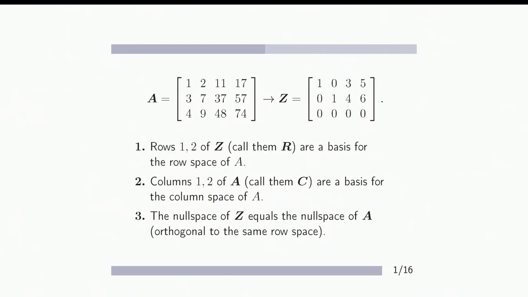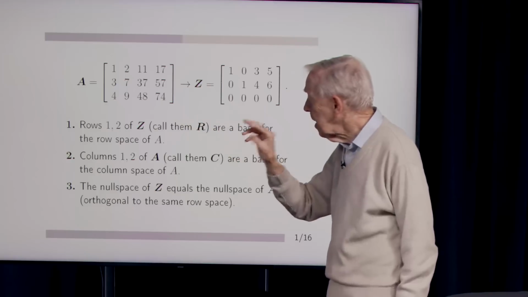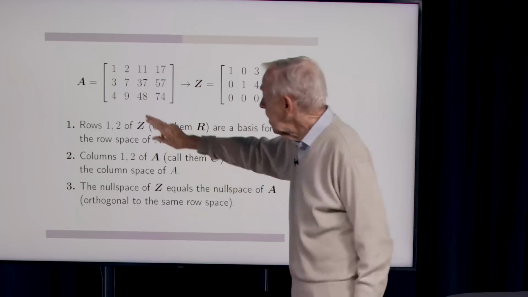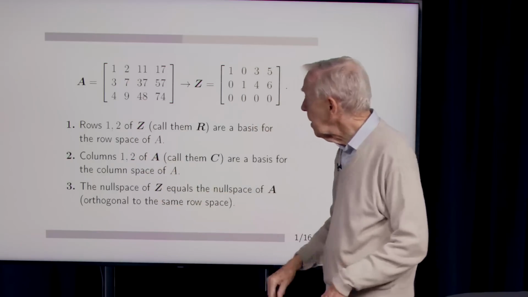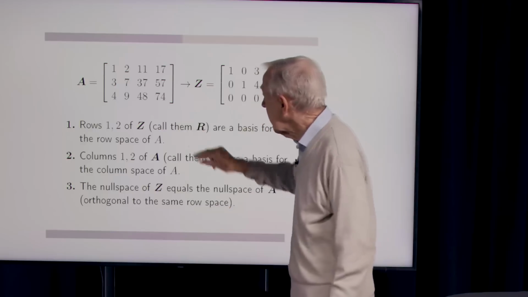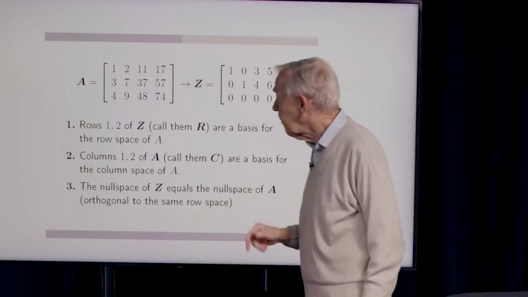And the columns, the first two columns here, that's the destination, that's the goal of elimination, to get these 1s and 0s. So they tell us that these 2 columns are the first independent columns. These columns are independent of the previous ones, but the last 2 columns are combinations of the first 2.